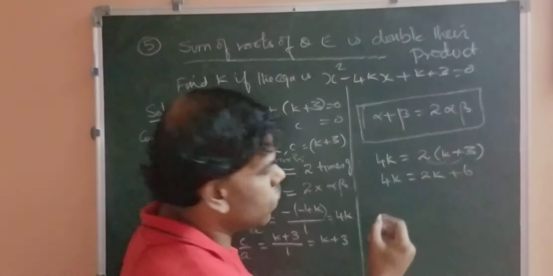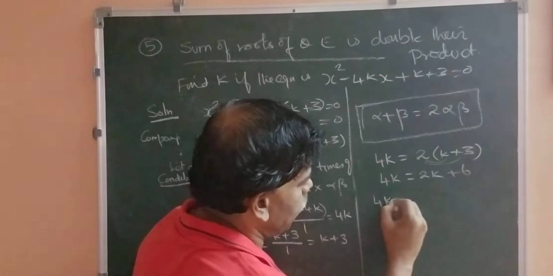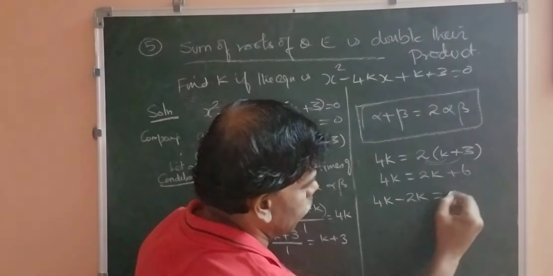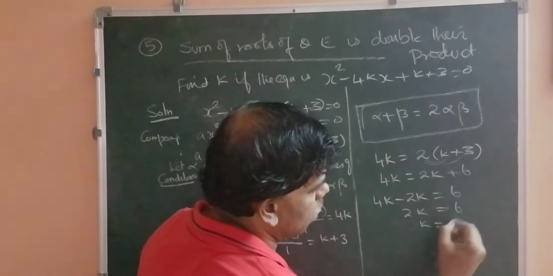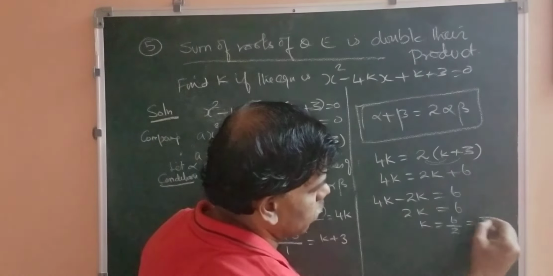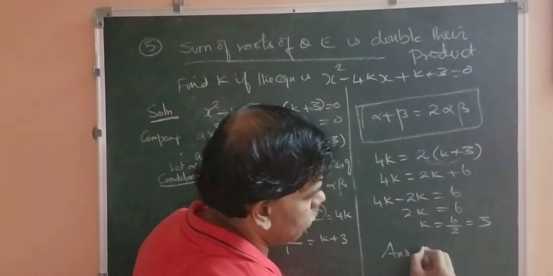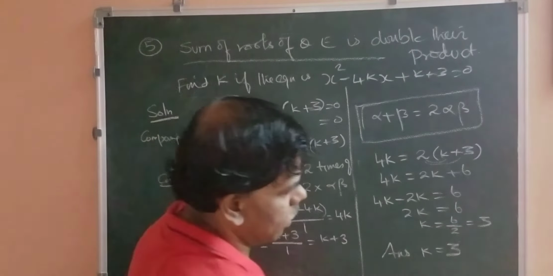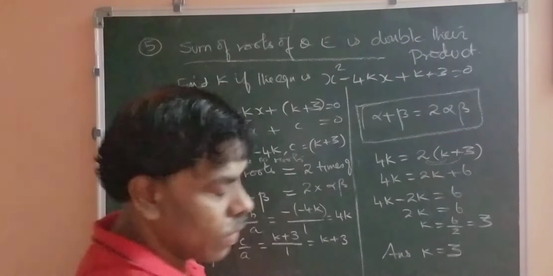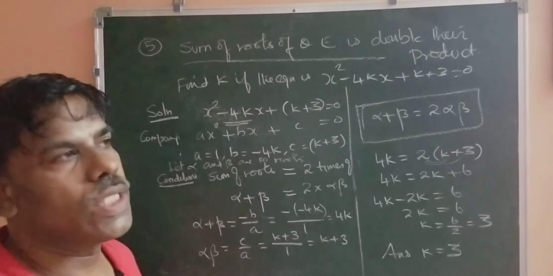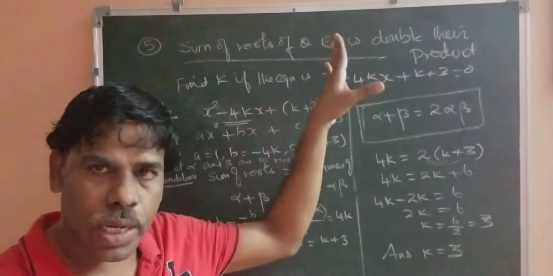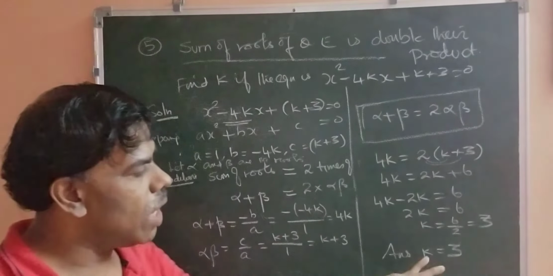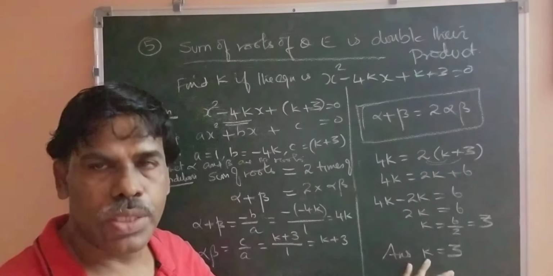Taking like terms to one side, 2k equal to 6, k equal to 6 upon 2 is equal to 3. So the answer is k equal to 3. Followed or not? In this way, if conditions are given to you, you can use the condition and find out the value of any constant.